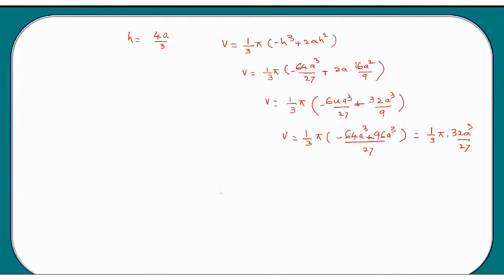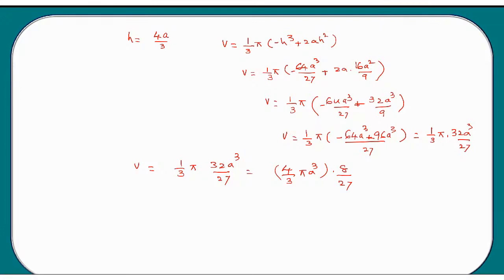Now, since volume V equal to, we obtained 1/3 pi times 32a cube by 27, this can be written as 4 by 3 pi a cube into, is it 8 by 27?